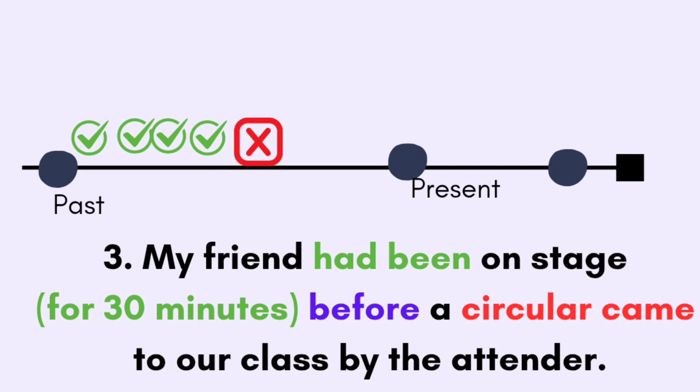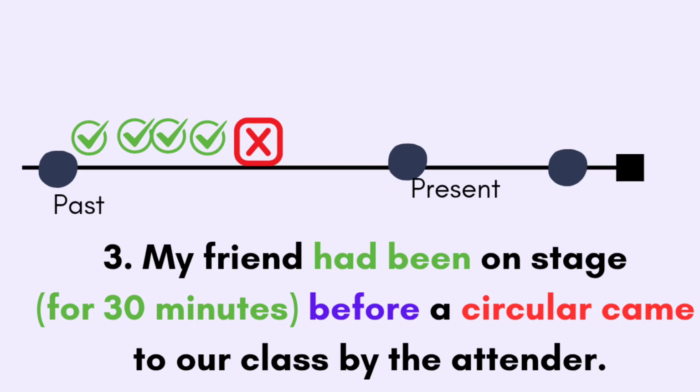Here the action started in the past, that is giving a presentation, and the action had been continuing for 30 minutes before a circular came. The moment when a circular came to our class, my friend did not continue his presentation, because at that time my friend had to stop.